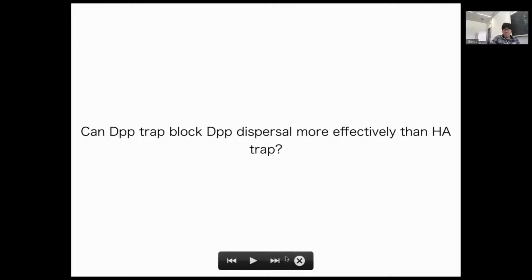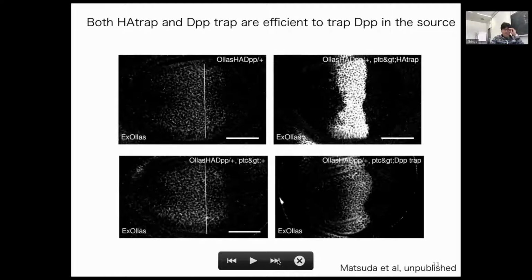And then we need to make sense of this phenotype. Of course, the first question, as I said, is: oh, DPP trap may be the stronger binder and block DPP dispersal much stronger. So that's why you see a stronger phenotype. But both HA trap and DPP trap strongly block DPP dispersal. Upon expression of them in the stripe, in the source, you see strong accumulation and you see the blockage of dispersal outside.